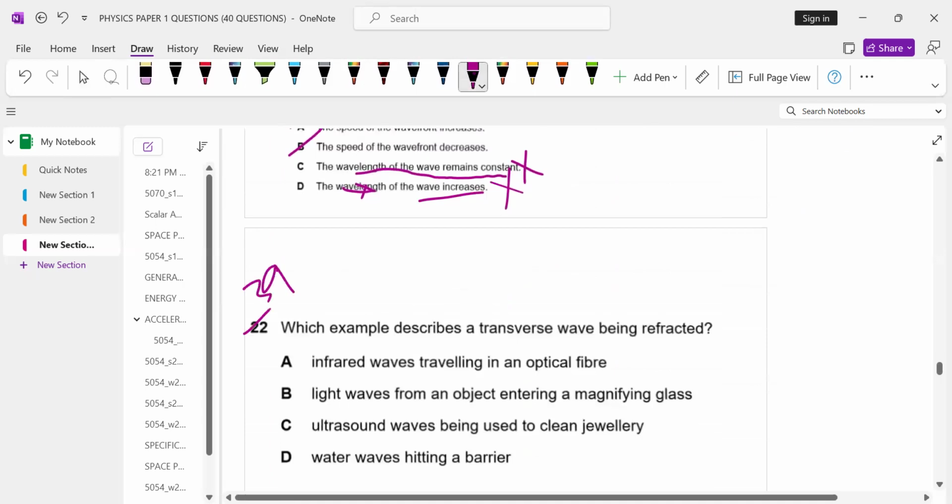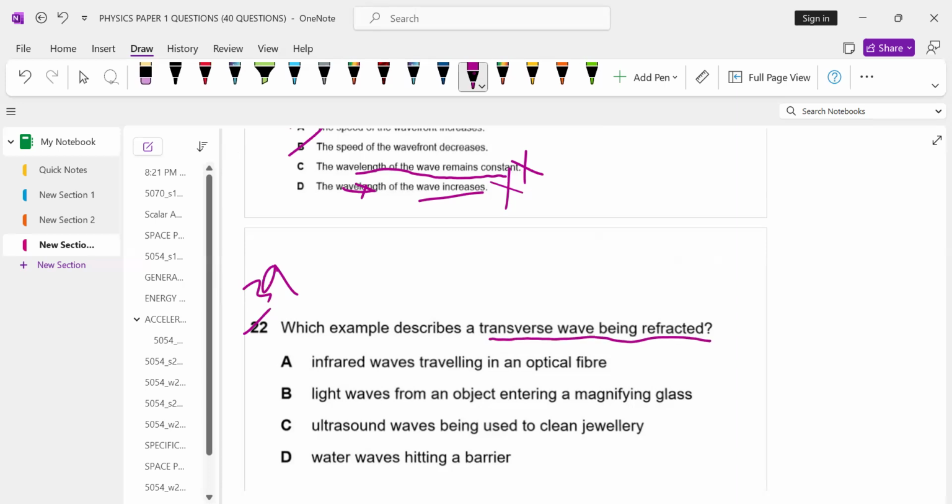Question number 39. Which example describes a transverse wave being refracted? Let's read out the options: infrared waves traveling in an optical fiber, light waves from an object entering a magnifying glass, ultrasound waves being used in jewelry cleaning, and water waves hitting a barrier.